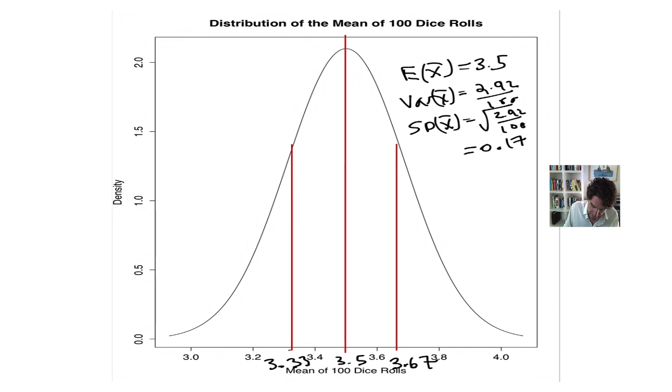And notice that the distance from here to here and here to here are both 0.17. In this video, we've derived the expected value and variance of the sample mean.